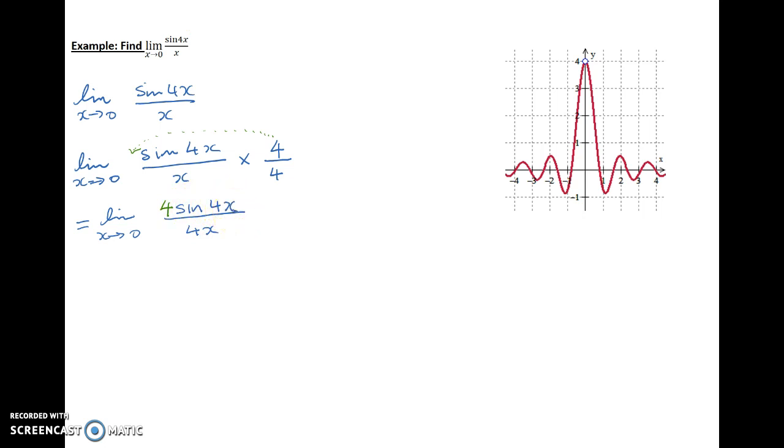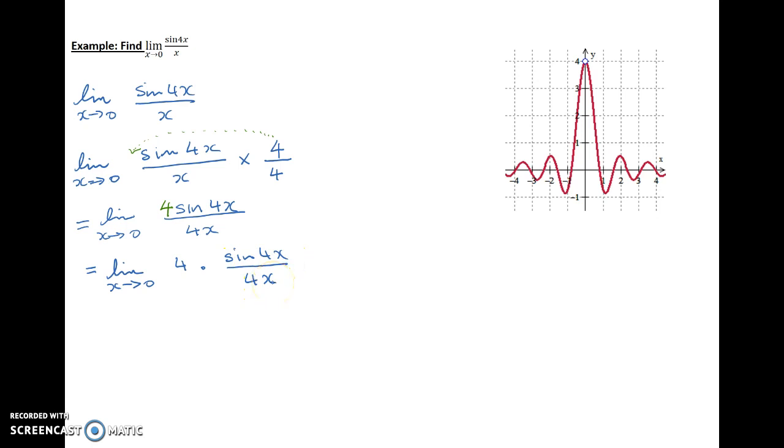Okay, well, we can break this down in a couple of different ways. If we want to break it down really slowly and carefully, we can say that this is the limit as x approaches 0 of 4 times the sine of 4x over 4x.